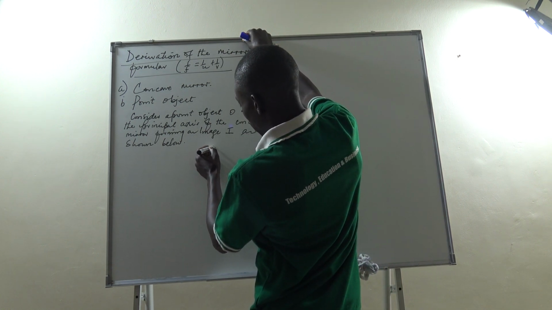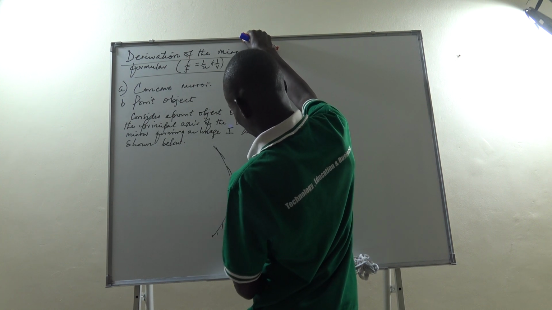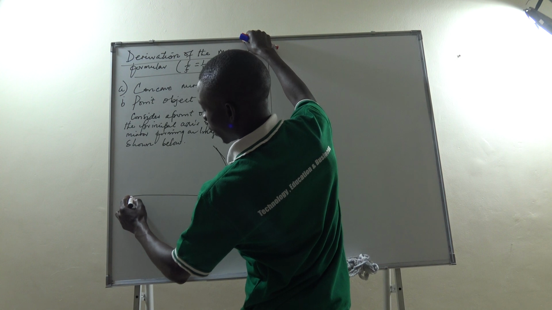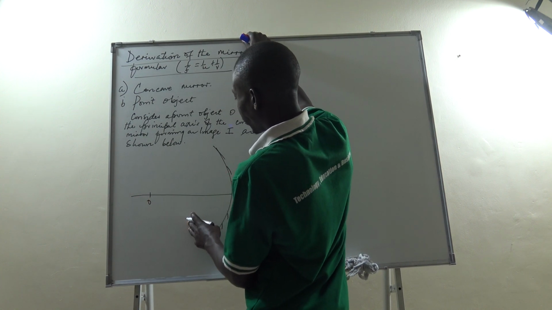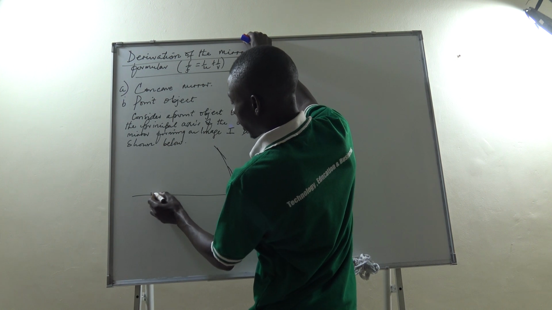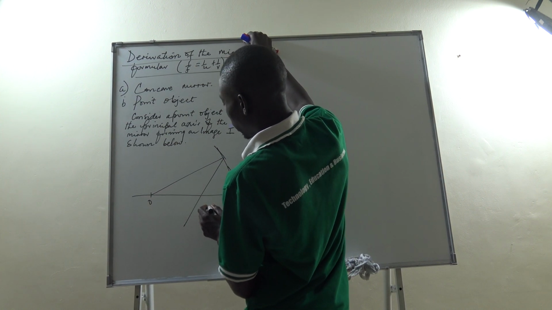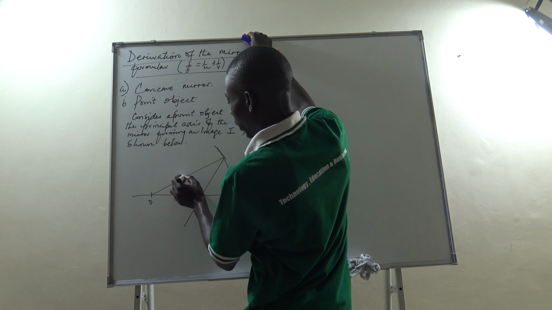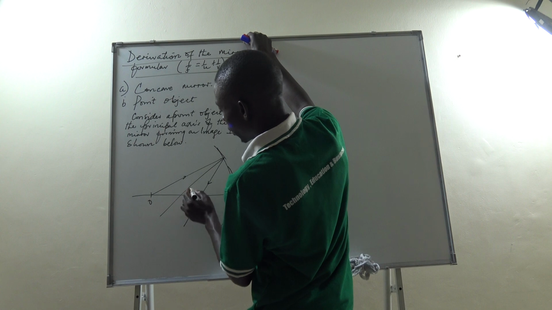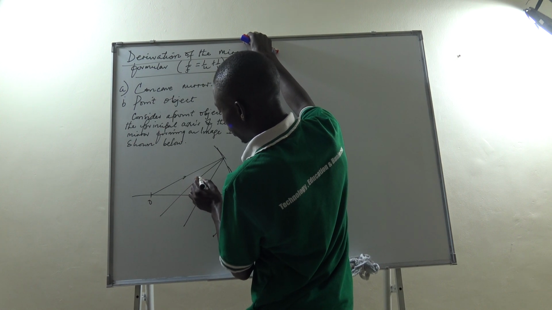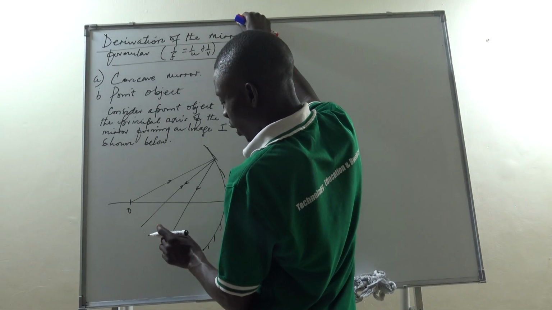So if I have this as my concave mirror, and I have an object here, and then the ray comes and is reflected, and then I have this one being reflected along the same path.